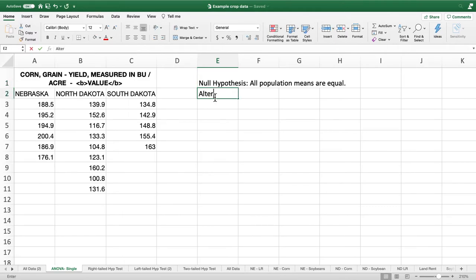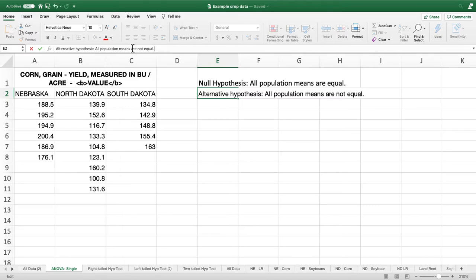Then your alternative hypothesis is simply that all population means are not equal.